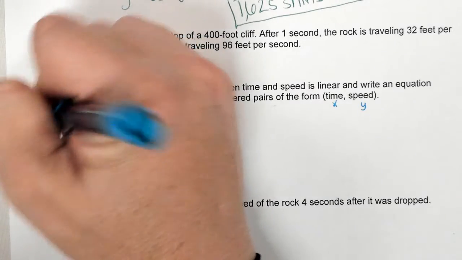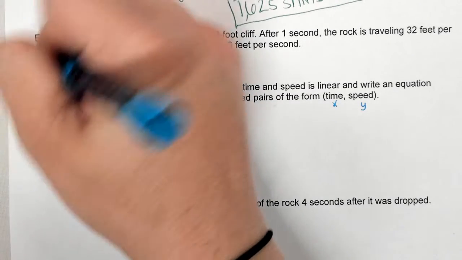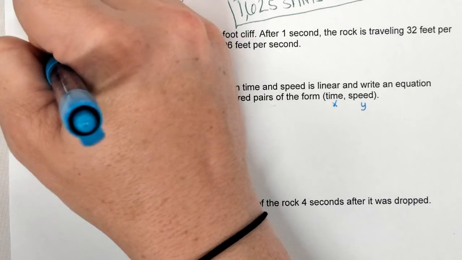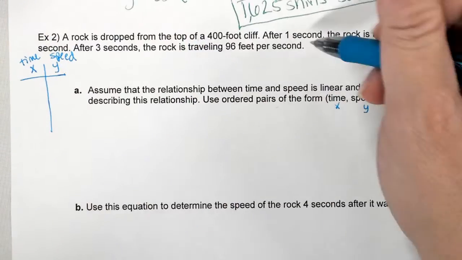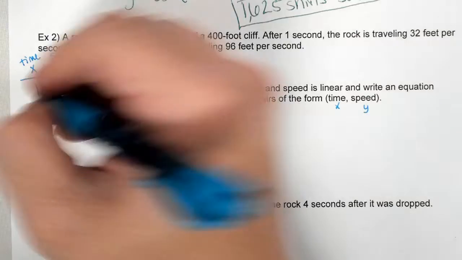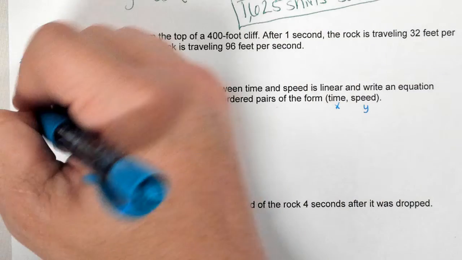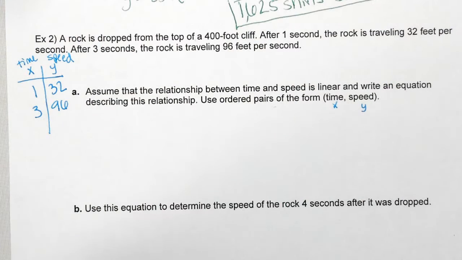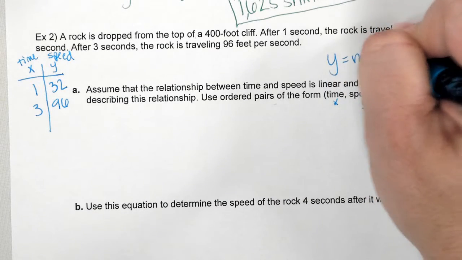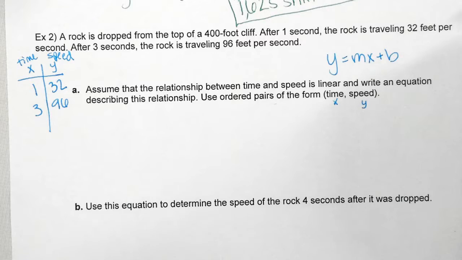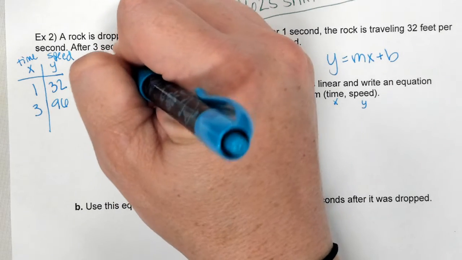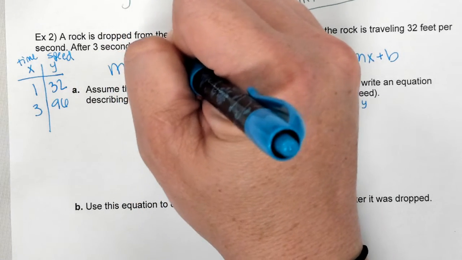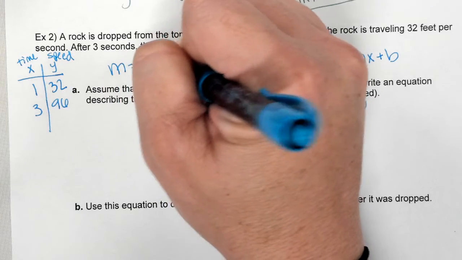So I know my time was 1 second and my speed was 32. And then again, my time was 3 seconds and my speed was 96. It doesn't say it, but we're putting it in y equals mx plus b form. And just a reminder, I didn't write this on the first one, that your slope formula is y2 minus y1 over x2 minus x1.